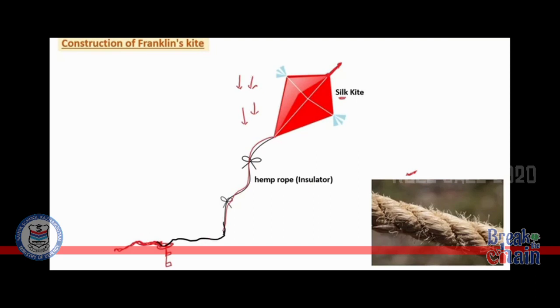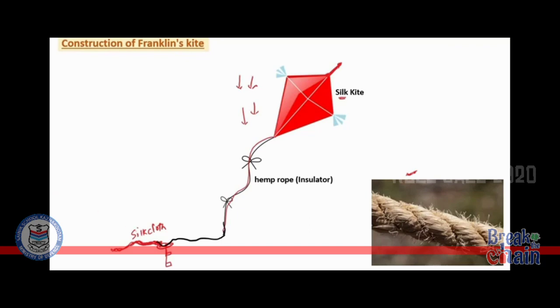So he may get a shock. So to prevent himself, he attached the last part of the rope with a silk cloth. Now silk cloth is actually an insulator, and he made himself insulated by staying under a roof, right?